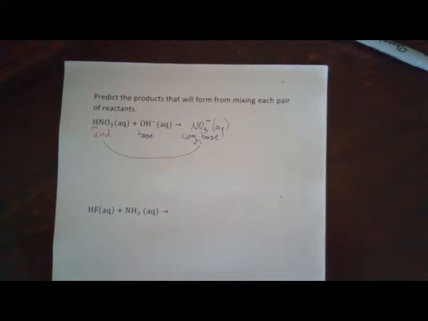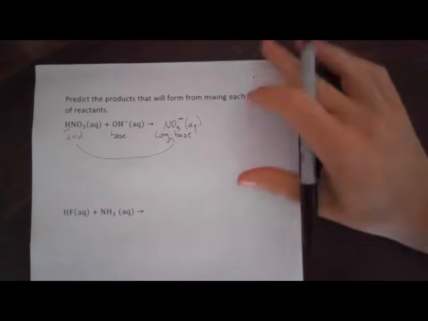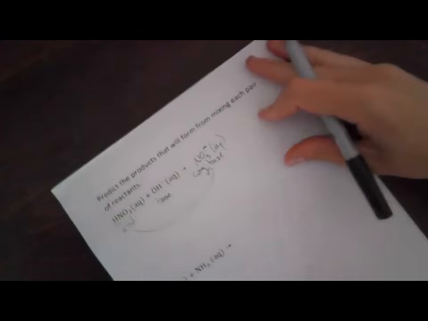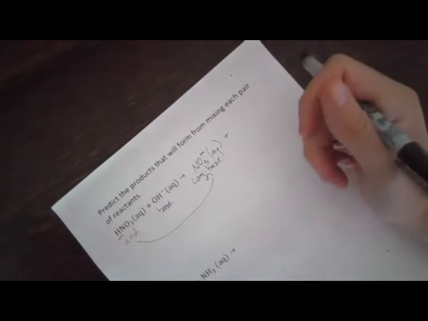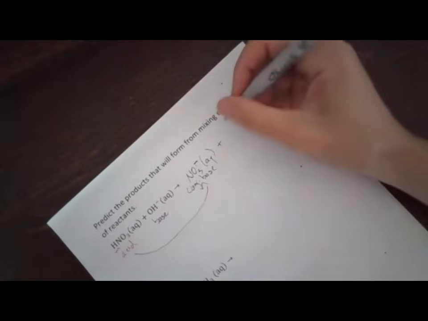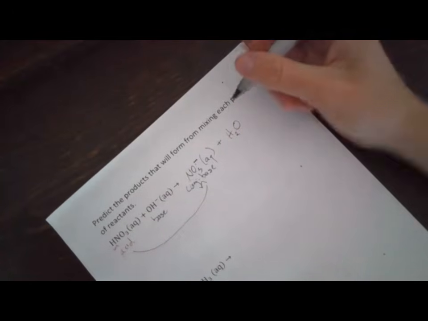The whole idea of predicting these conjugate pairs is that's what the product will be in the reaction. So HNO3 becomes NO3 minus, a nitrate. OH minus is functioning as a base, so it's going to gain another hydrogen, going from 1 to 2. This is a case where we do rewrite it to be H2O.